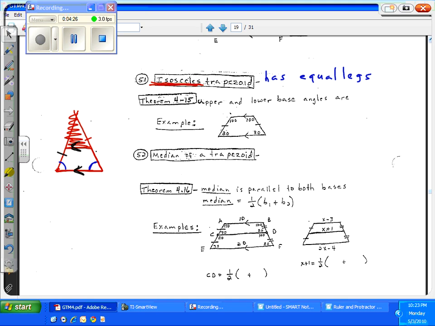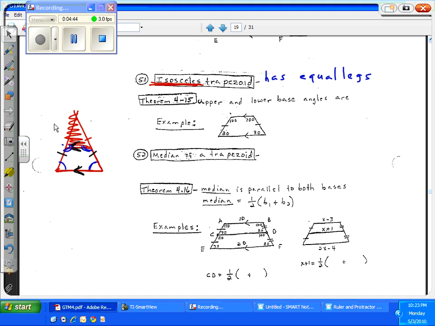In fact, what we have is an isosceles trapezoid. And you can see that in an isosceles trapezoid, those base angles are equal because they really were the base angles of that isosceles triangle that just got the top of it chopped off.